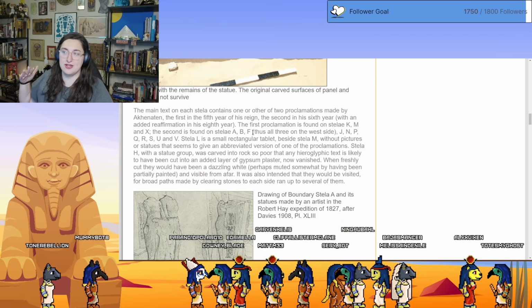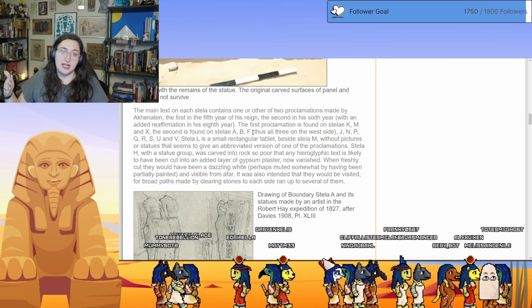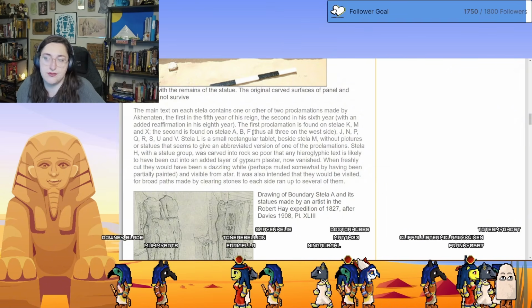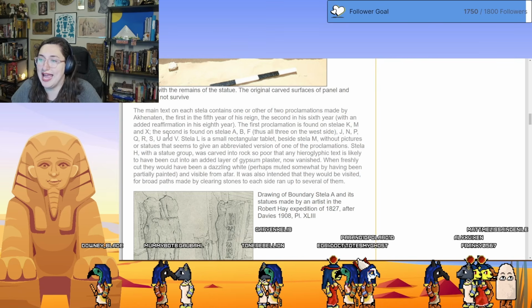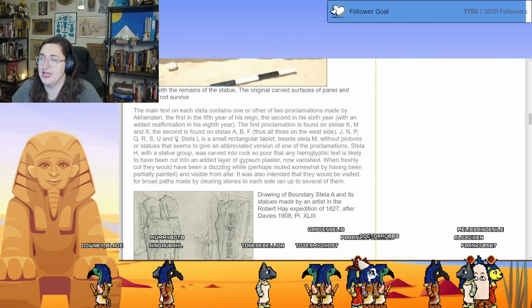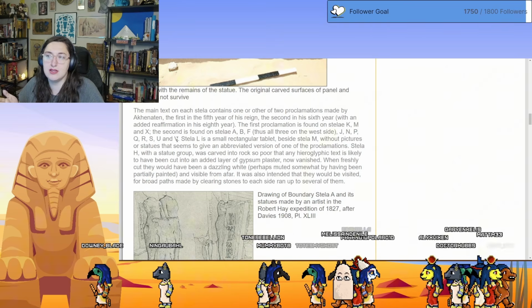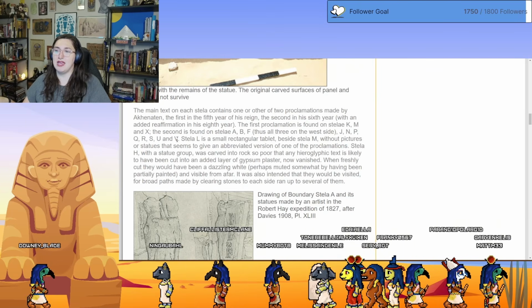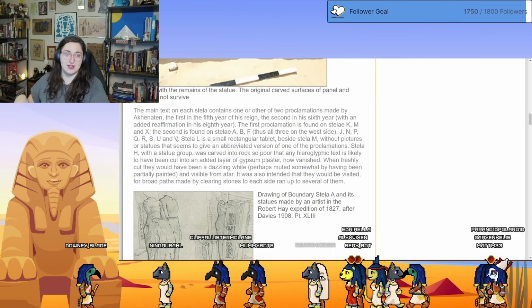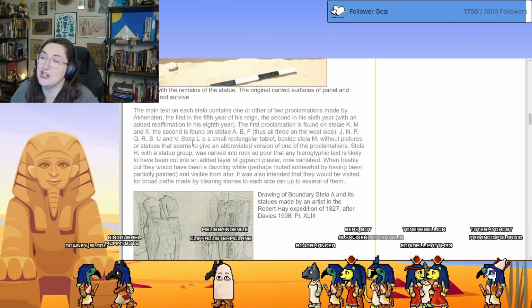So the west side, you can tell that he is not adding those on the west side of the map until his 8th year of his reign. Along with J, N, P, Q, R, S, U, and V. So he only made 3 in the 5th year of his reign, and then he made a ton of others the next year, along with adding a reaffirmation in his 8th year.